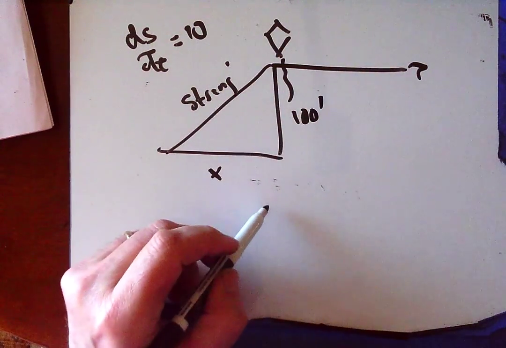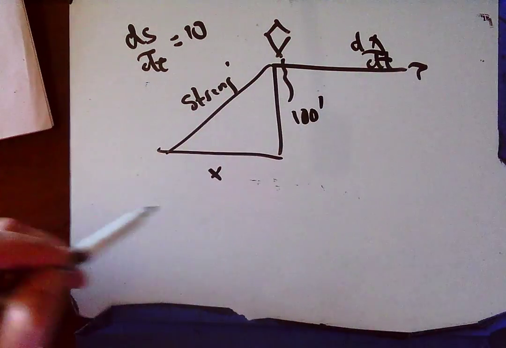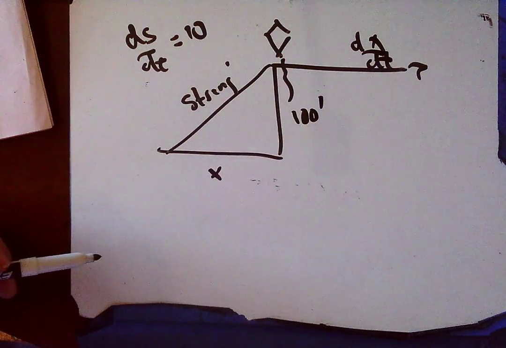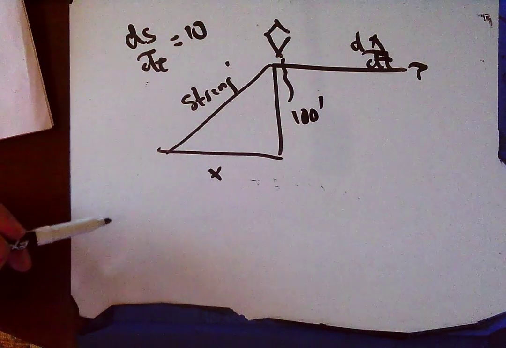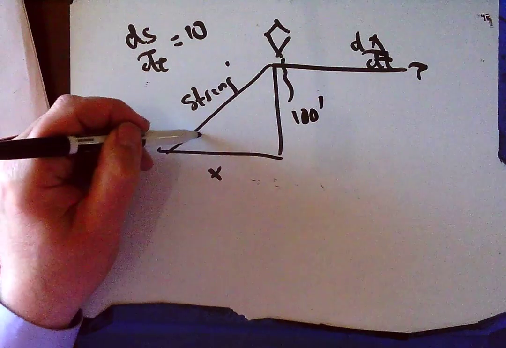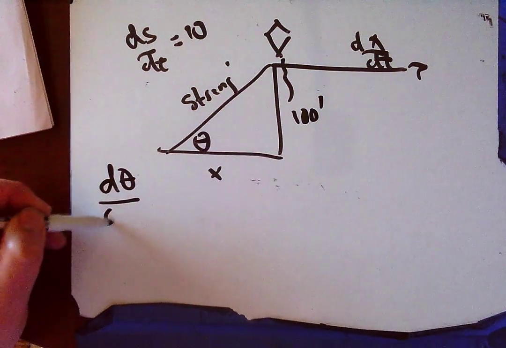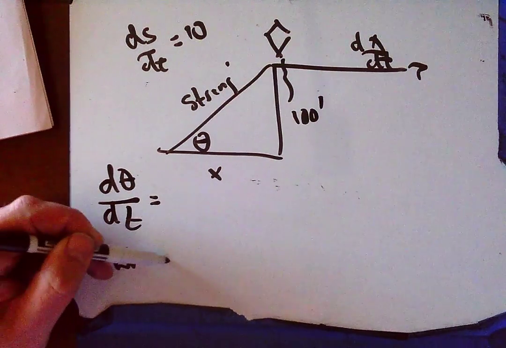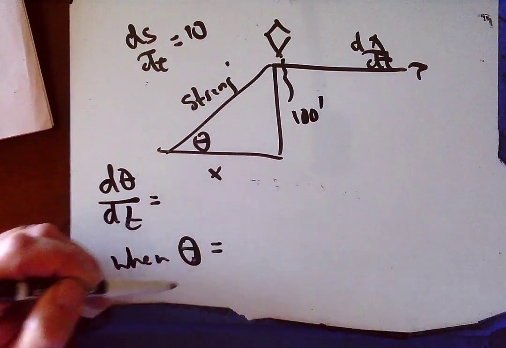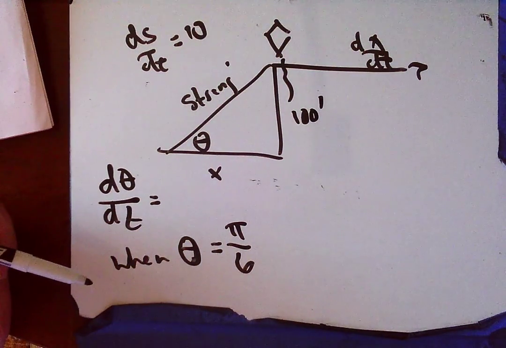So I've got x. I don't want to call this a dx/dt. At what rate is the angle of elevation changing when theta equals 30 degrees, or pi over 6?